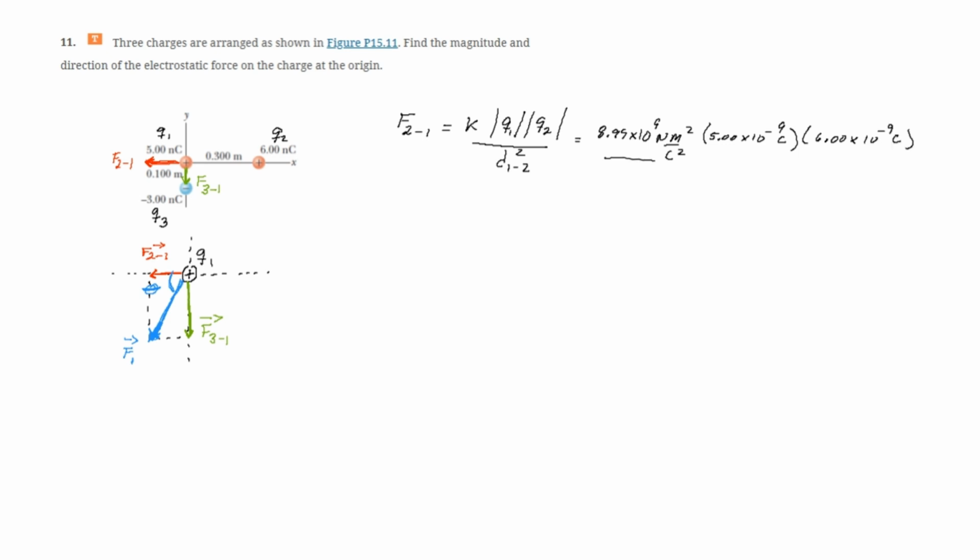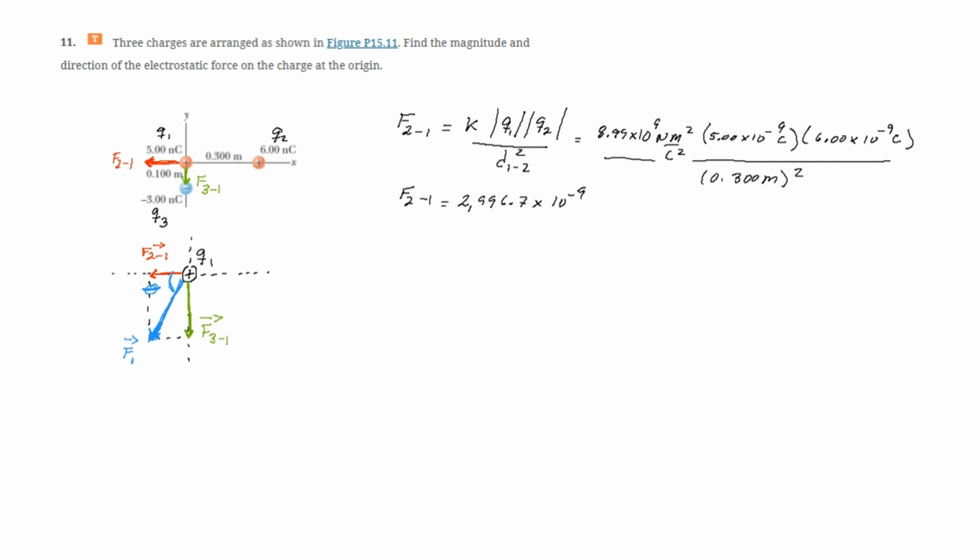And all this is divided by the distance from charge to charge, 0.300 meters squared. So when you calculate this force of 2 on 1, we get that the magnitude here is 2,996.7 times 10 to the negative 9 newtons.